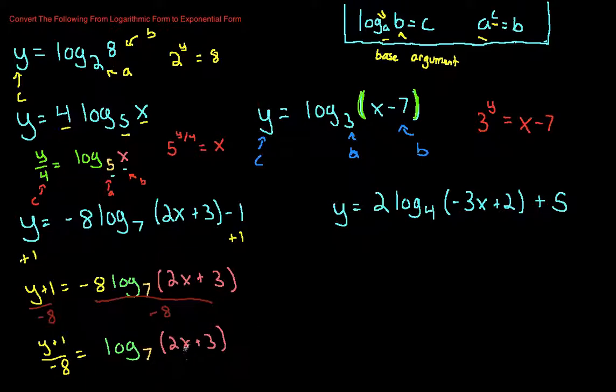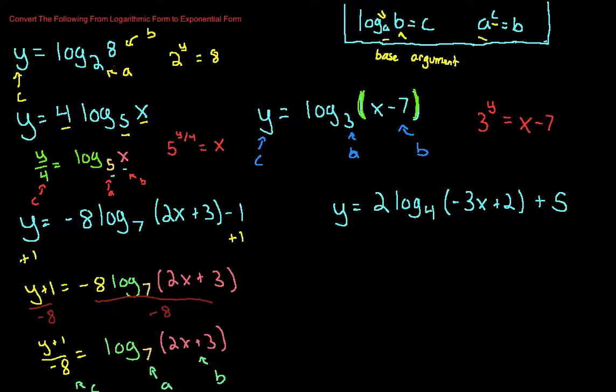Now we can see that on one side of the equation I solely have the logarithm with its base, 7, and its argument, 2x plus 3. At this point I can identify my a term, b term, and c term. 7 being my base is the a term, 2x plus 3 being my argument is the b term, and y plus 1 divided by negative 8 is my c term.